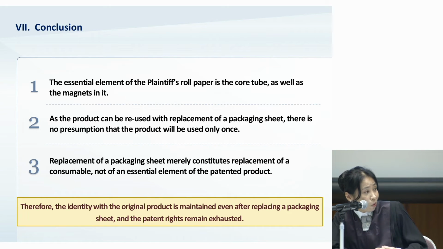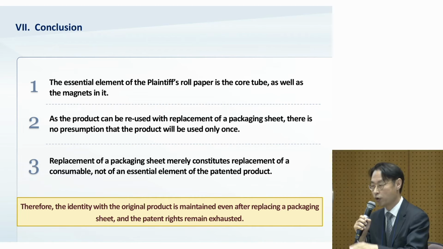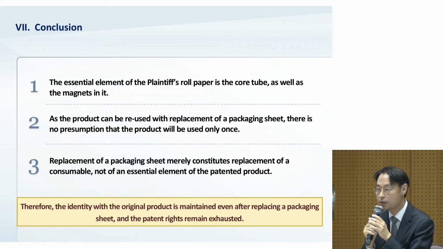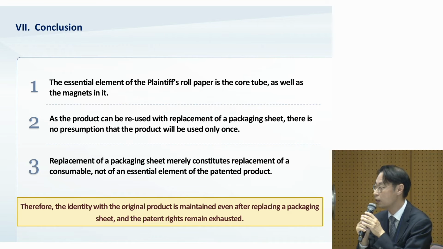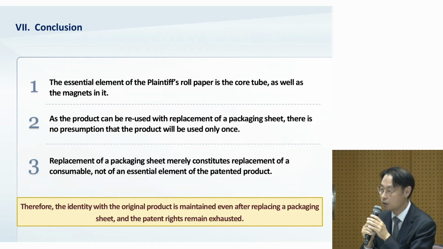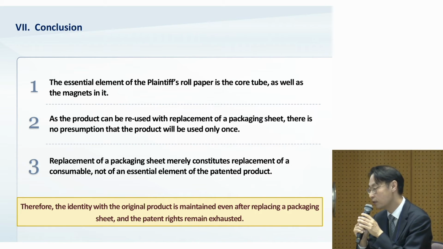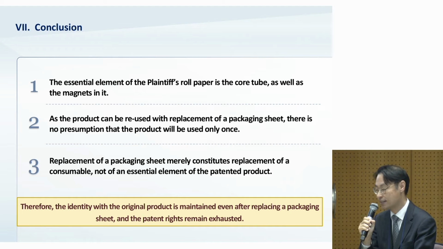Defendant's attorney, what do you think of the evidence submitted by the plaintiff? So first, the test report. The defendant also submitted a test report that is contrary to the plaintiff's test results. And because the burden of proof for infringement lies on the side of the plaintiff, not the defendant, the infringement is not proven yet.